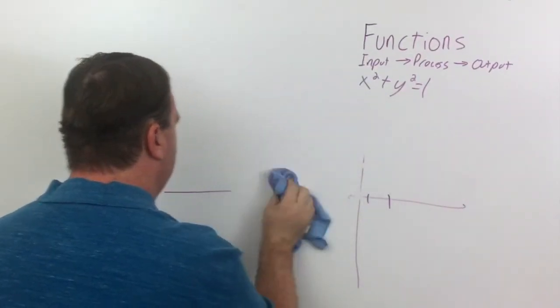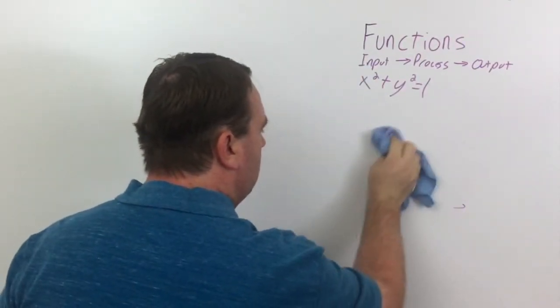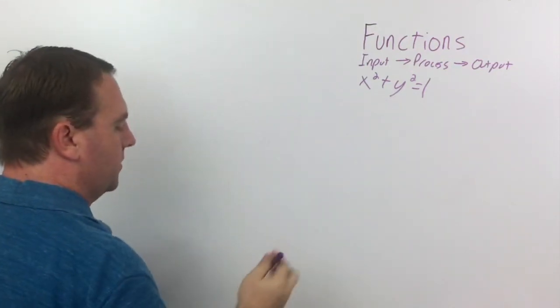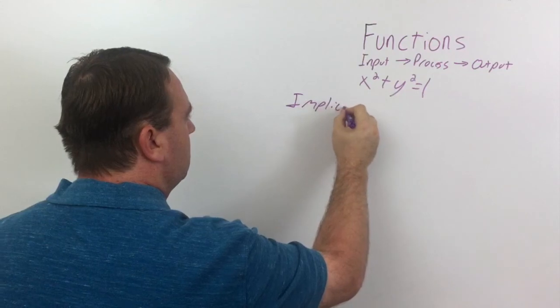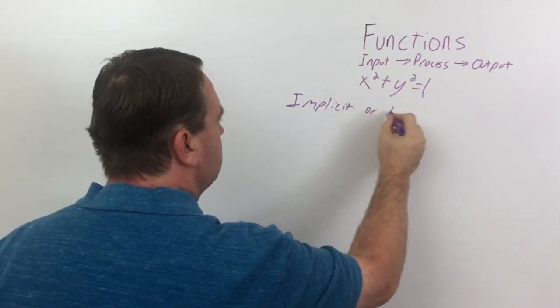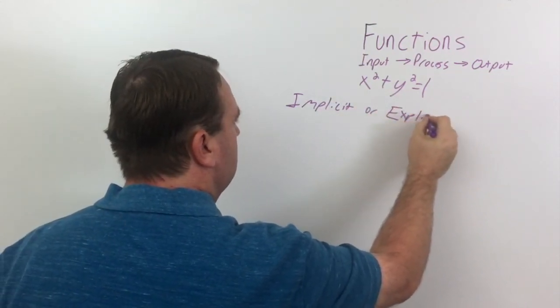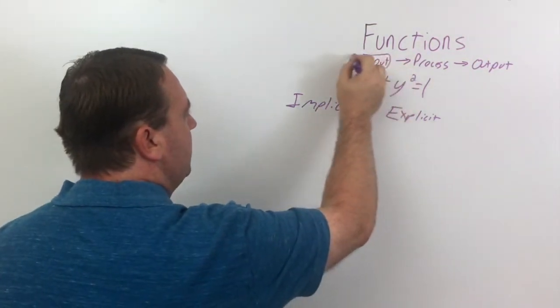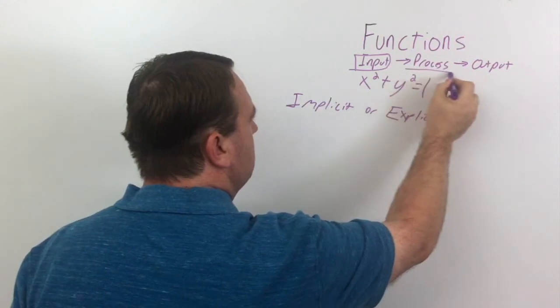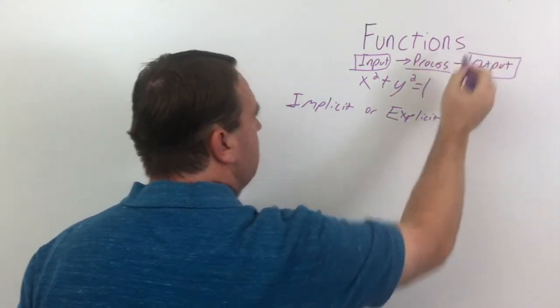As a quick recap, functions can be implicit or explicit. They are machines that take an input, they do a process, and they yield an output.